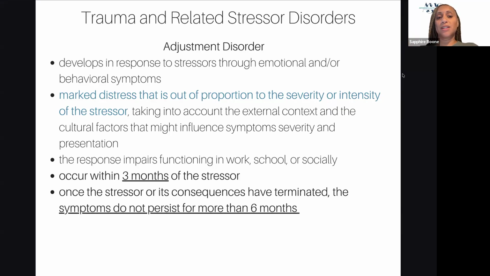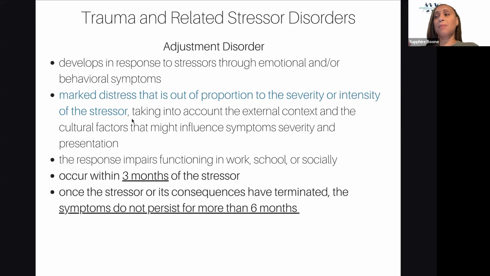So adjustment disorder says, hey, if we're having this distress, right? Distress is fine, right? But it's when it is out of proportion to the severity or intensity of the stressor. And you can definitely understand why external context and cultural factors should influence our assessment too, right?